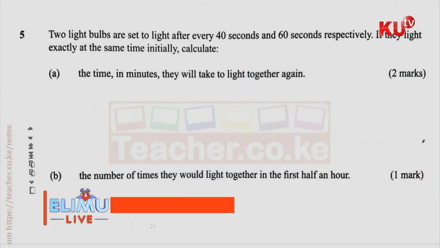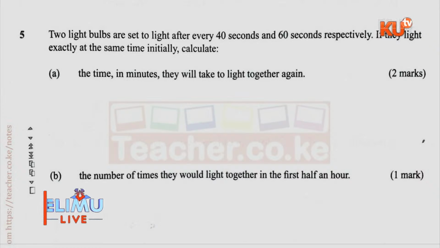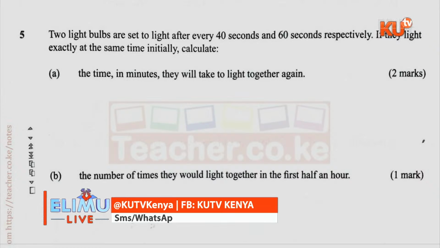If they light exactly at the same time initially, calculate part A, the time in minutes they will take to light together again. So you see, this is a question testing us in Form 1 work. It is on LCM. The subtopic there should be application of LCM, Form 1 work.